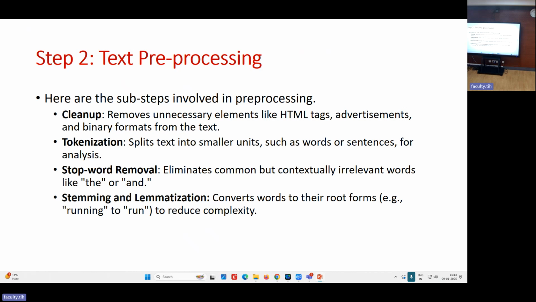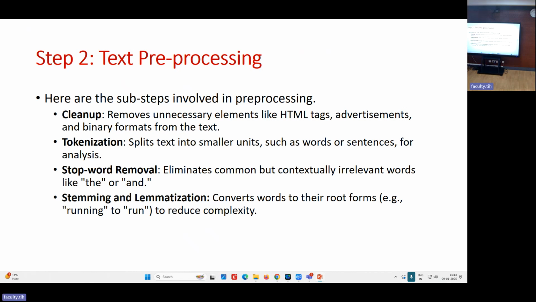So every sentence or every word has to be recognized, so you have to do the tokenization, right? You are splitting your text into smaller textual units, so that you may know how many words or how many sentences there are which you have to process.